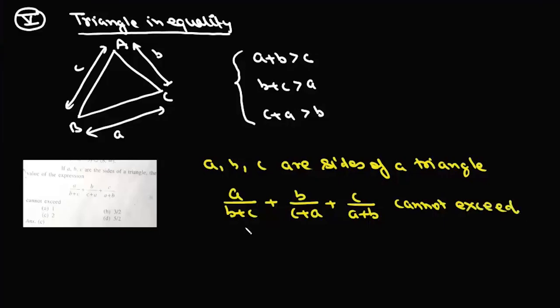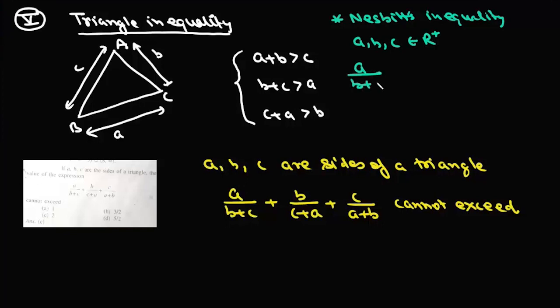Now, if you closely look at this inequality, it has the setting of a famous inequality called Nesbitt's inequality. Nesbitt's inequality says if a, b and c are positive real numbers, then a upon b plus c plus b upon c plus a plus c upon a plus b is always greater than or equal to 3 by 2.